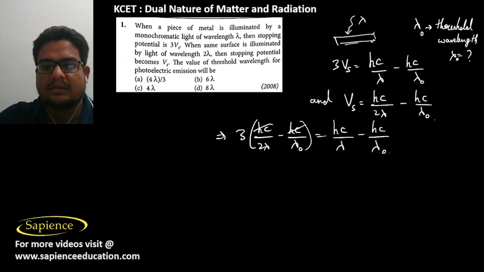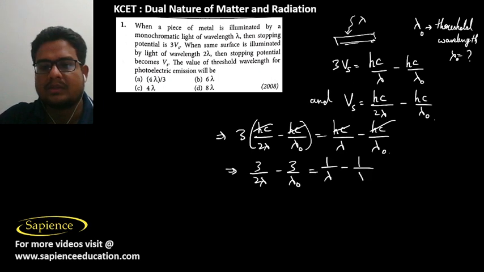So hc will cancel out, then we can write it as 3 by 2 lambda minus 3 by lambda naught is equal to 1 by lambda minus 1 by lambda naught. So this will be 3 by lambda naught minus 1 by lambda naught is equal to 3 by 2 lambda minus 1 by lambda.